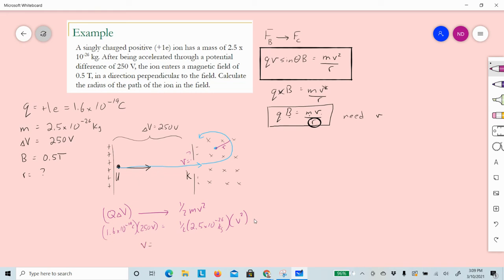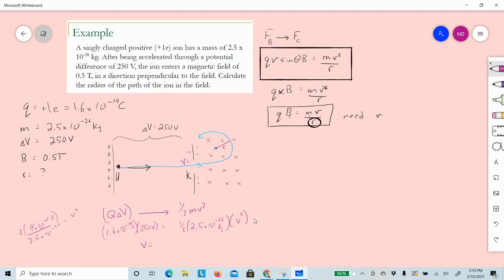And if you did all that to solving for V, let's do the math. 1.6 times 10 to the minus 19th times 250. Well, that part is 4 times 10 to the minus 17th. We have to multiply that by 2, divided by 2.5 times 10 to the minus 26. All that's going to equal V squared.